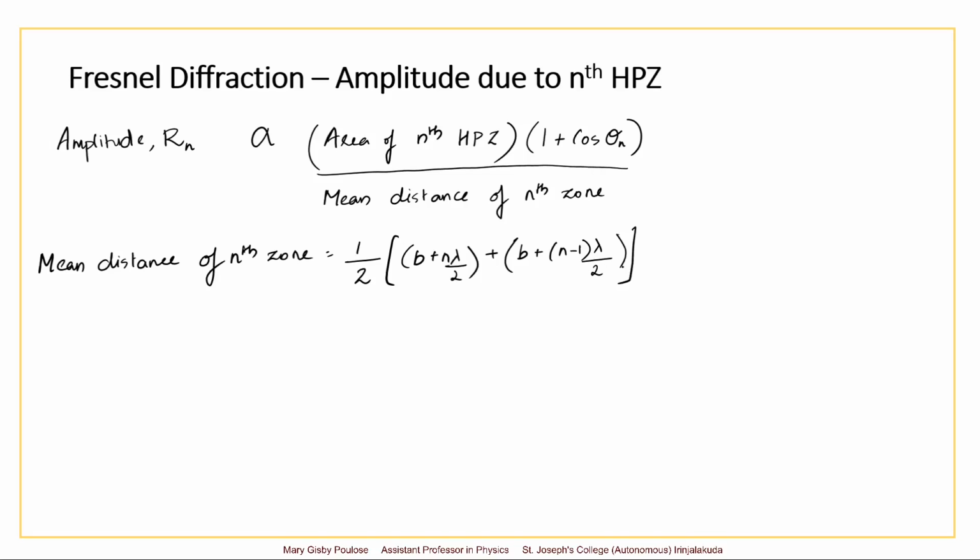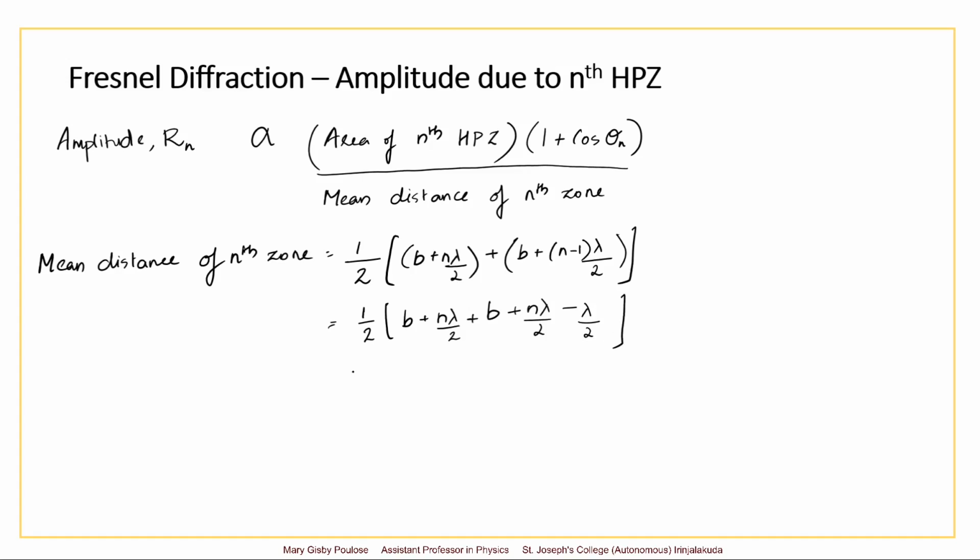So this can be rewritten as 1 by 2 of b plus n lambda by 2 plus b plus n lambda by 2 minus lambda by 2.